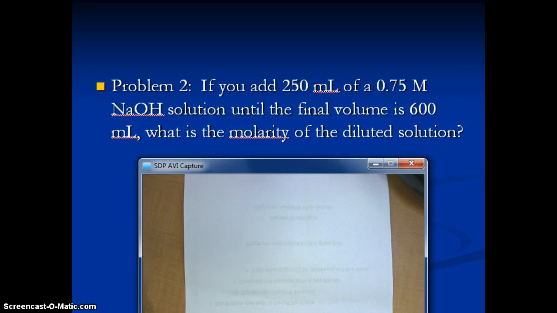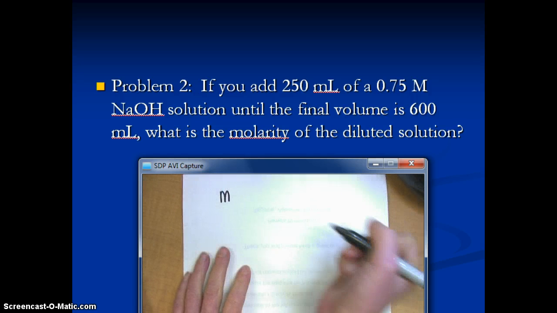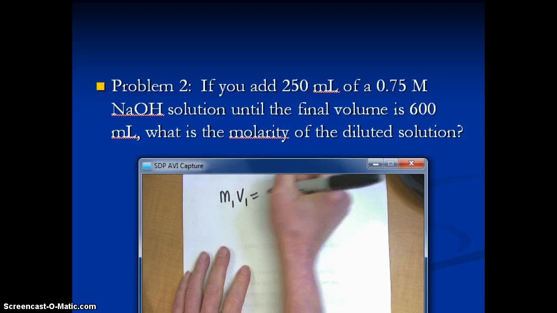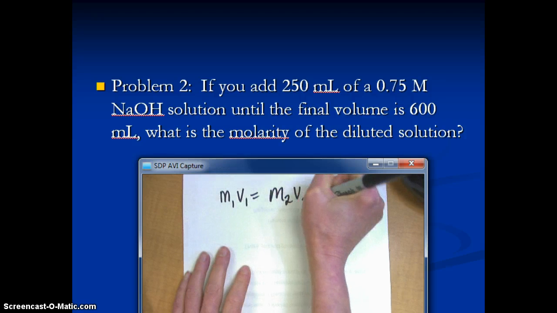In the second problem, if we add 250 milliliters of a 0.75 molar sodium hydroxide solution until the final volume is 600 milliliters, what is the molarity of the diluted solution? So again, we're going to say M1 times V1 equals M2 times V2.